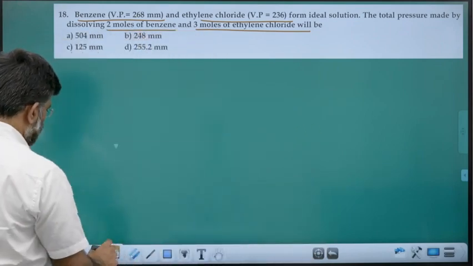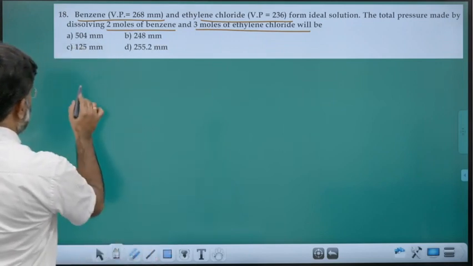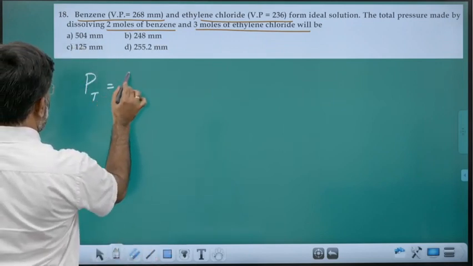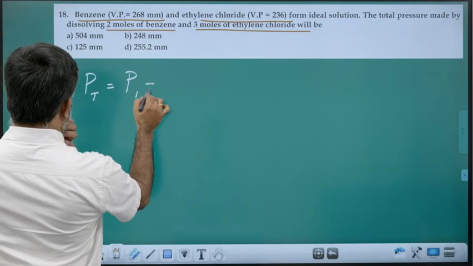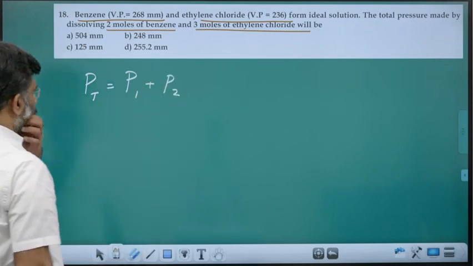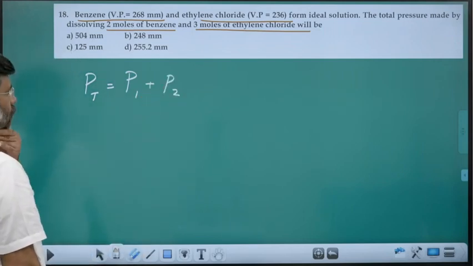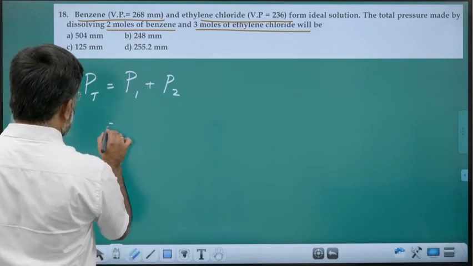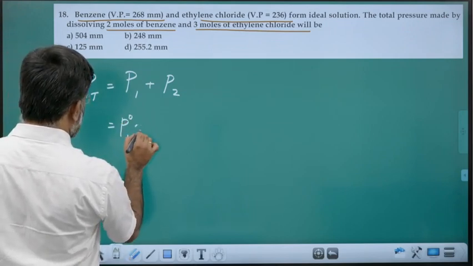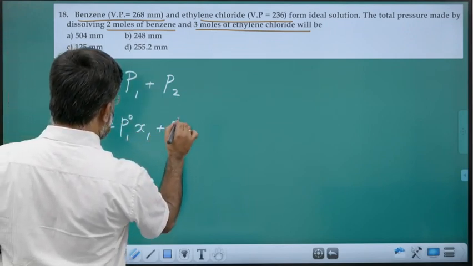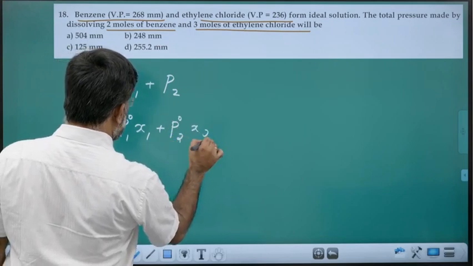How to apply that? P total is equal to P1 plus P2, that is equal to P01 X1 plus P02 X2.